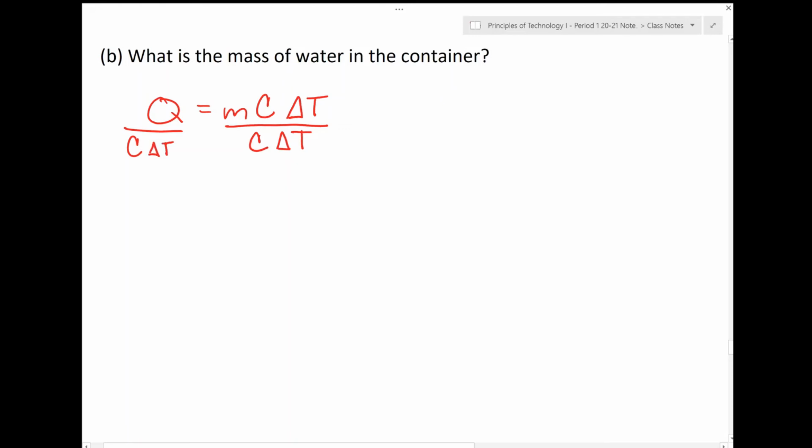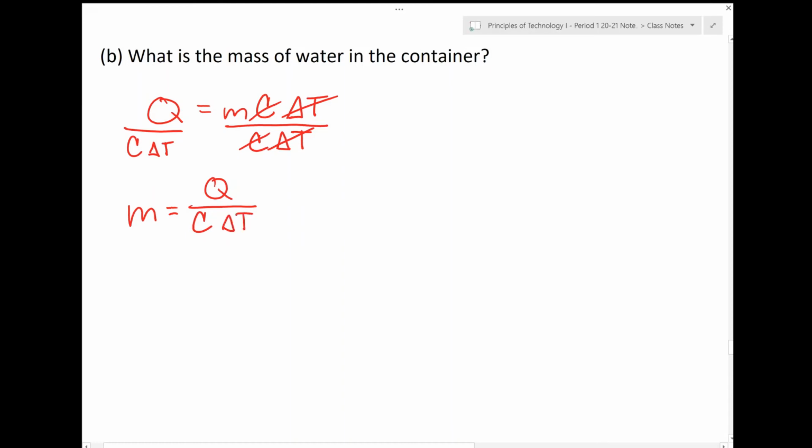When I do that, of course, on the right-hand side, those values cancel out, and I'm left with mass.